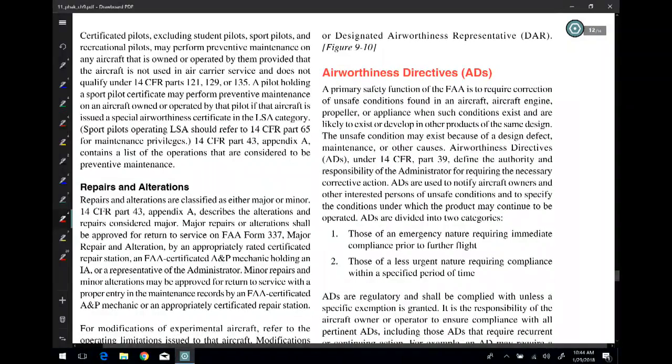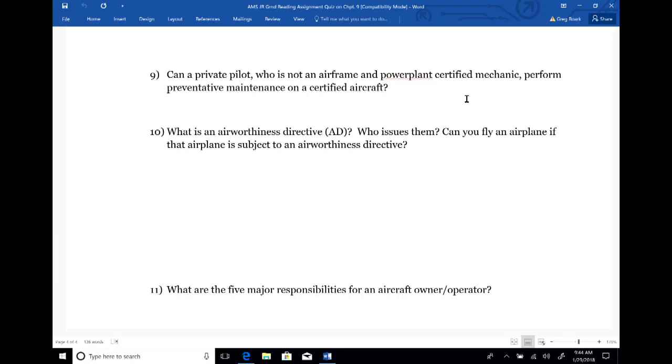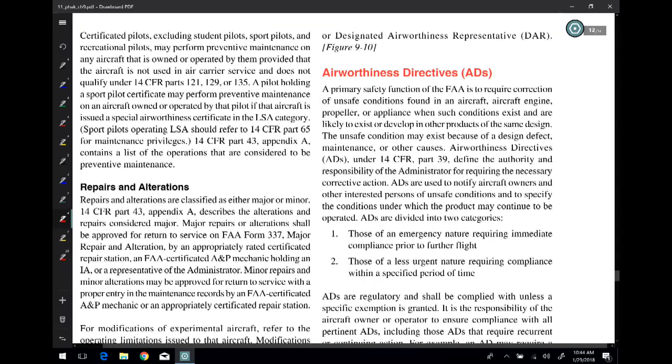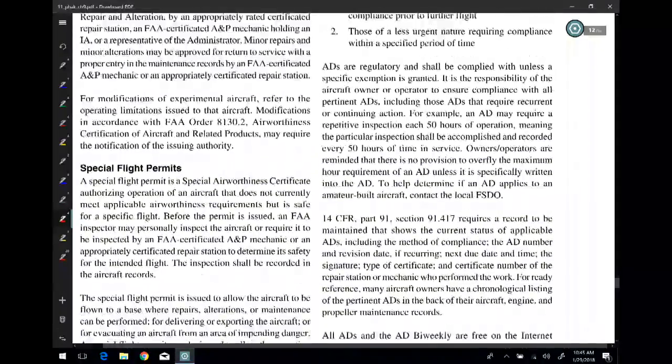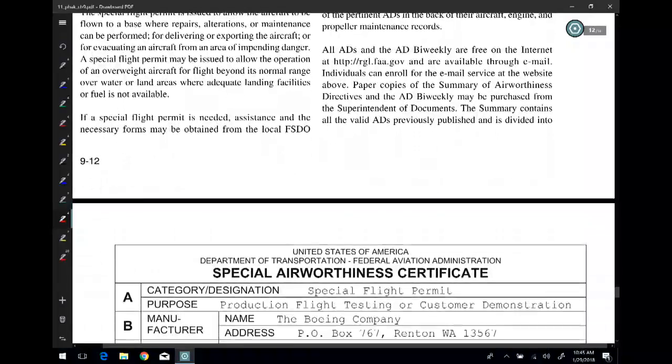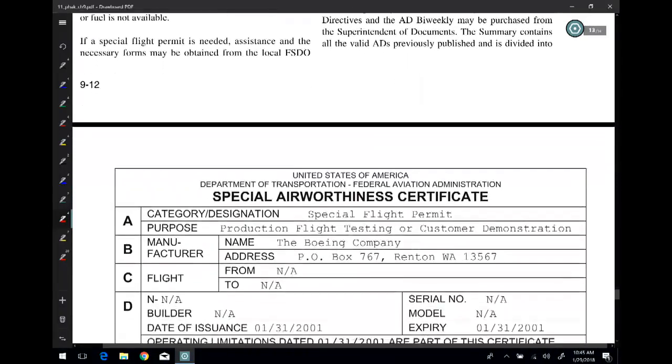Look at question number 10. An airworthiness directive. Oh, would you look at this? Airworthiness directives, another heading. This can give you the information here to answer that question.